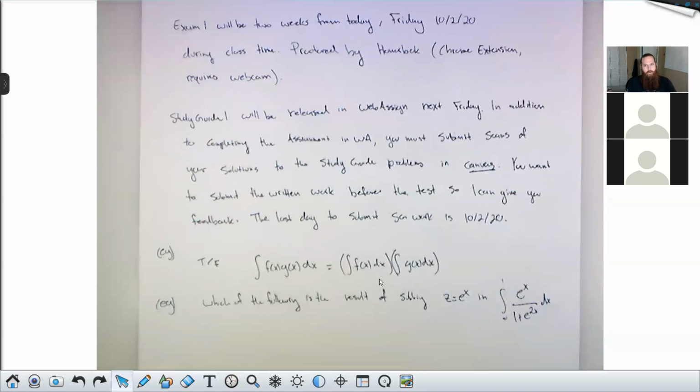And then I would give you 4 integrals to choose from. So my multiple choice questions will be things along this line, and my true-false questions will be things along the other line.